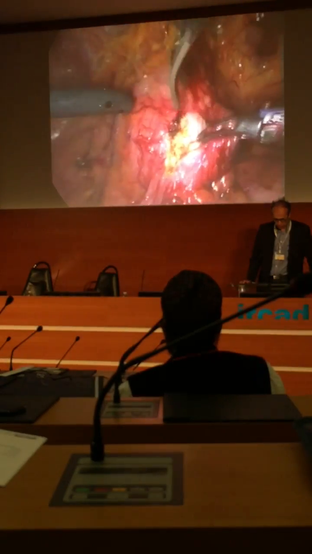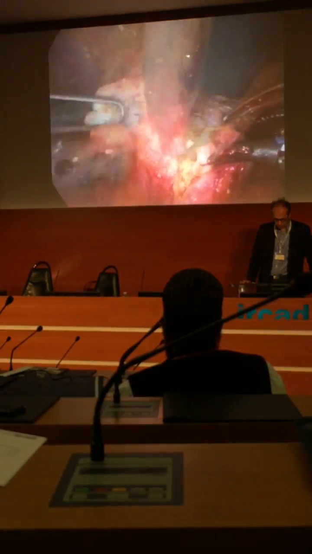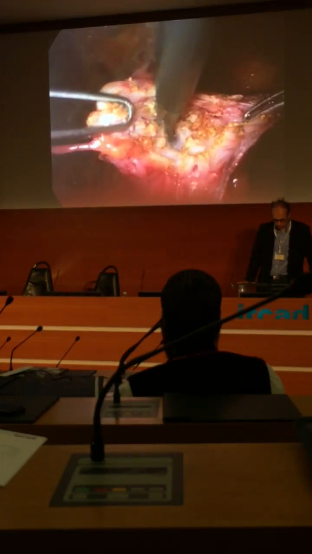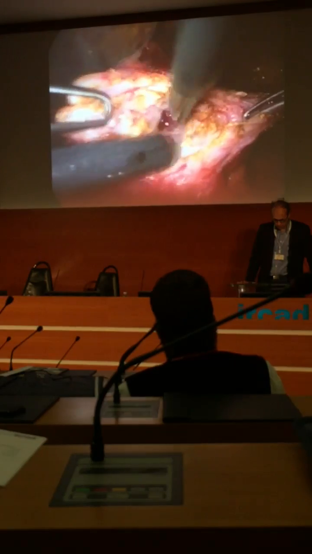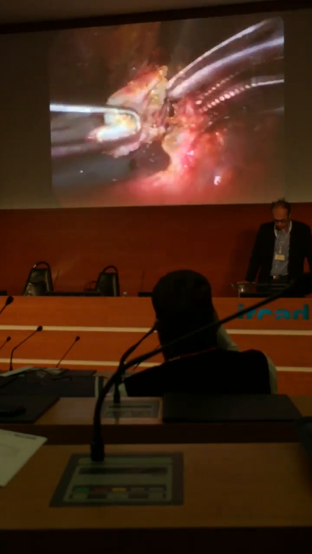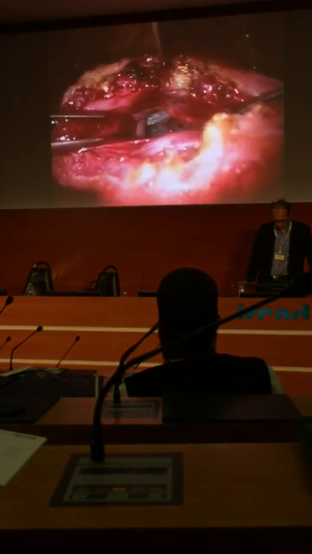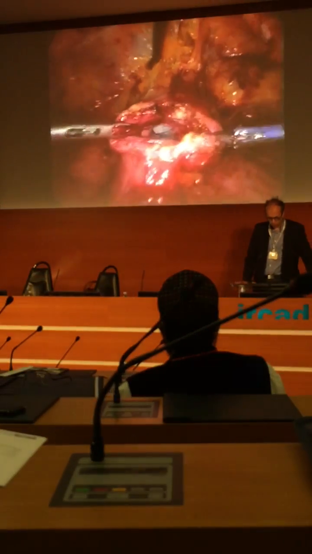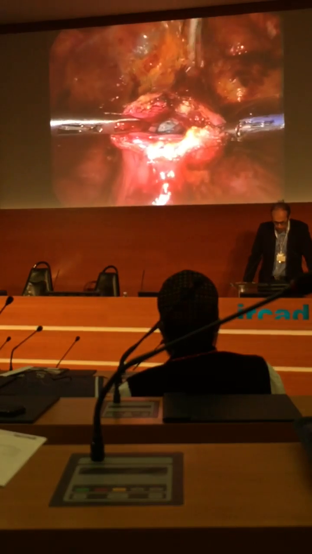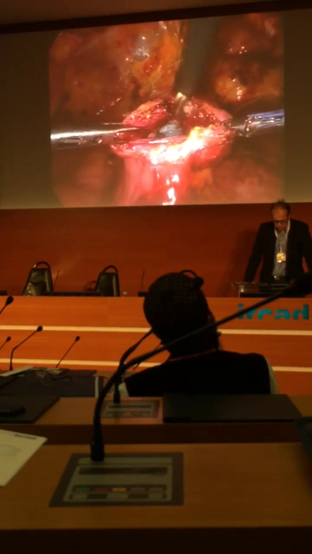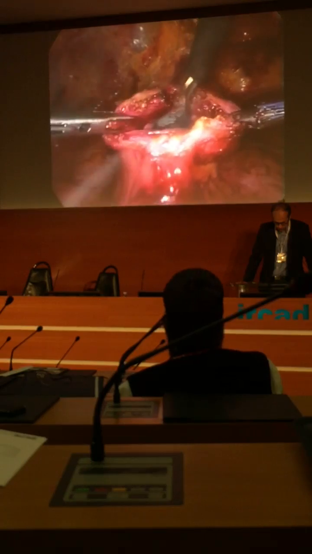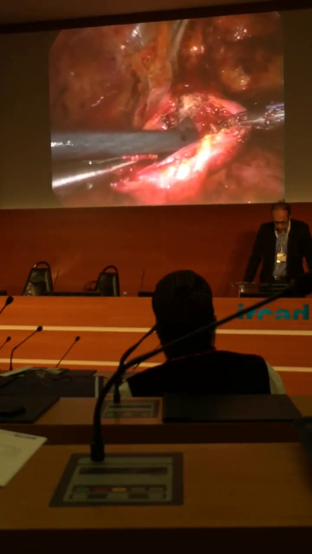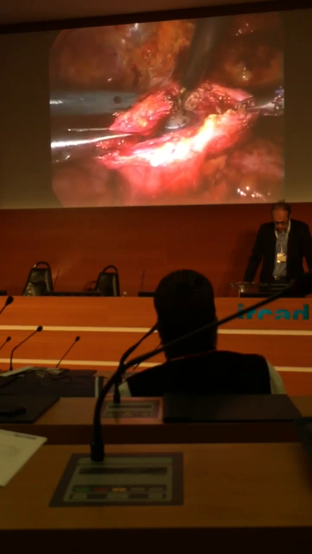So we are on the anterior face of the bladder, and he's doing a vertical incision of the bladder to open the bladder. You can see the balloon of the Foley catheter. So you enlarge a little bit the incision to have enough space to work easily.